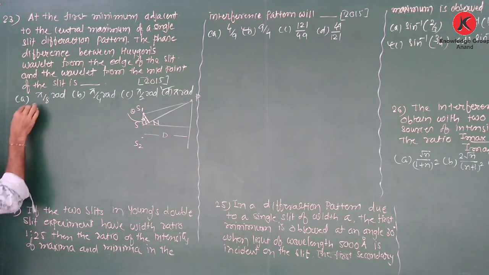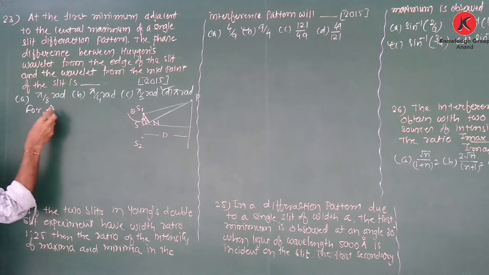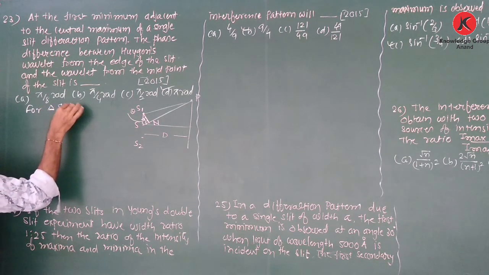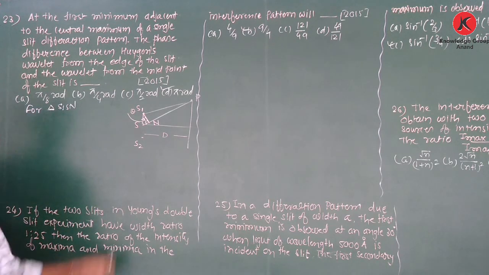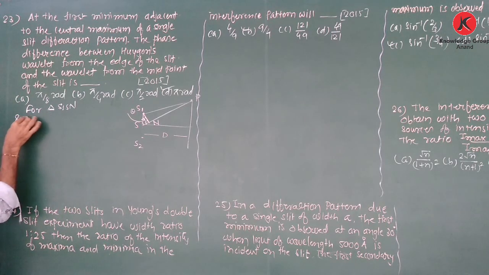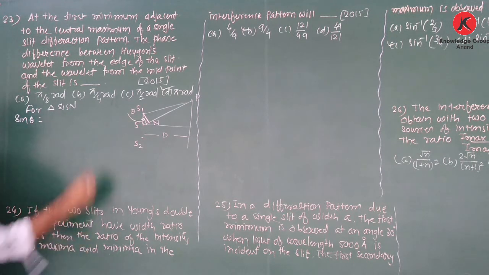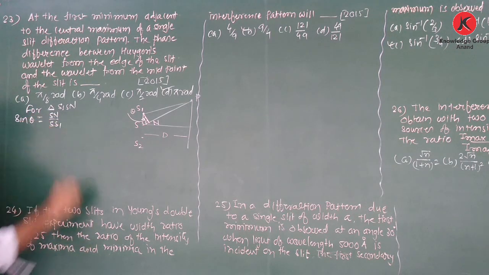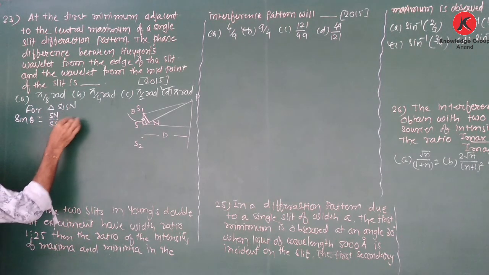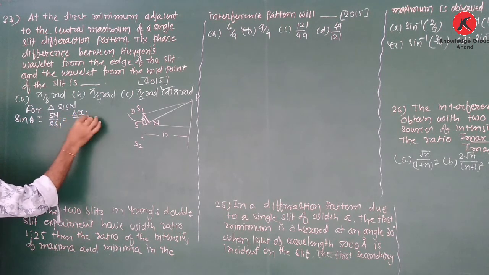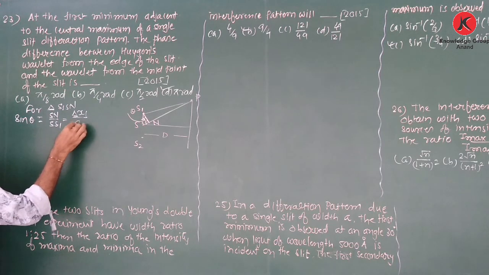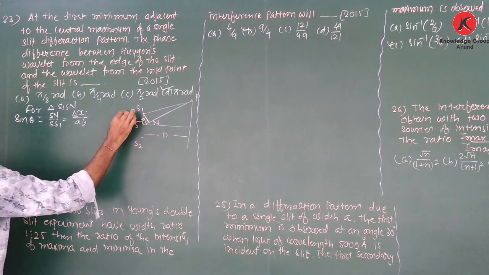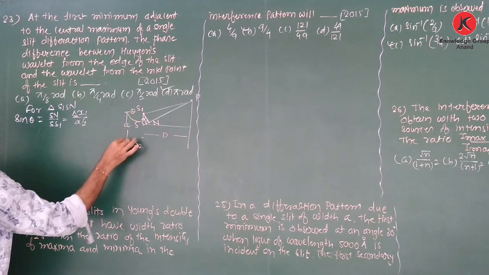Therefore, for triangle S1 S N, sin theta is equal to opposite upon hypotenuse, so S N upon S S1, which is equal to delta x1 upon a by 2, because the distance between the two ends of the slit is a.